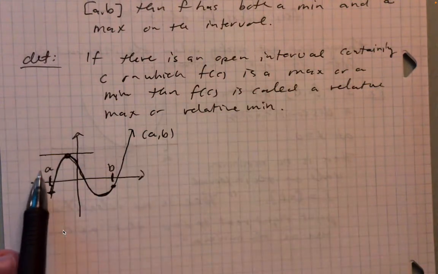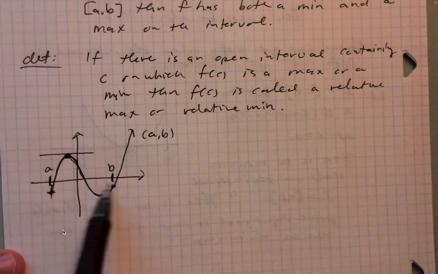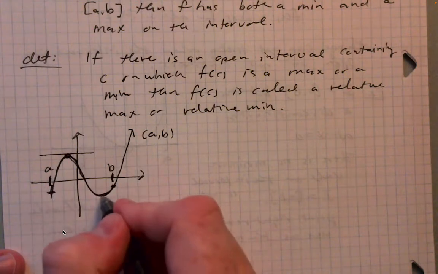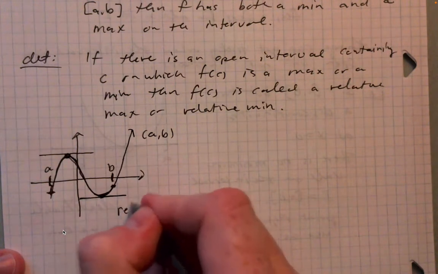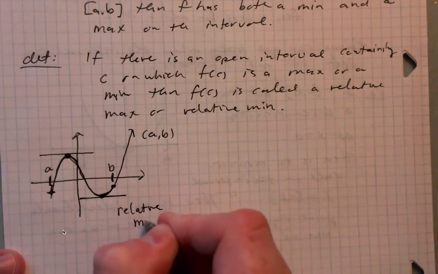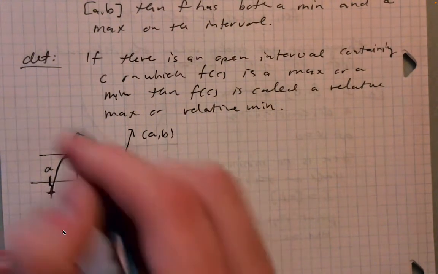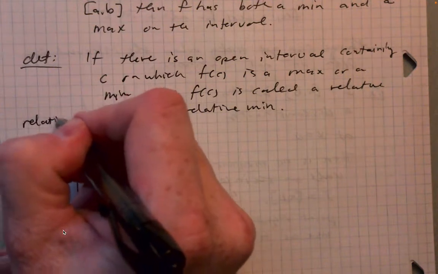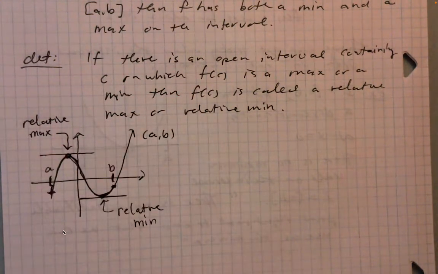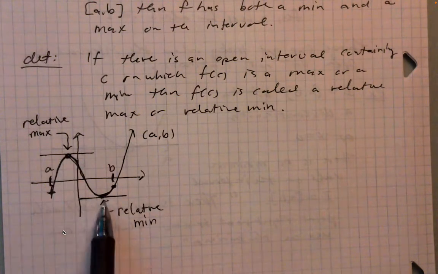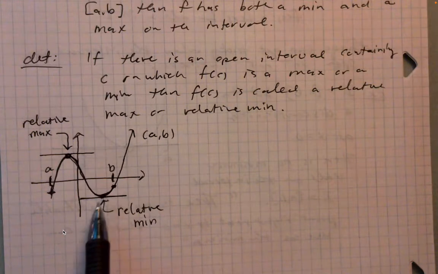It's the maximum value between a and b. And there's a relative minimum here. Okay, so let's label these so we can get some good intuition about this. You've got your relative maximum at this value, and you've got your relative minimum at this value.